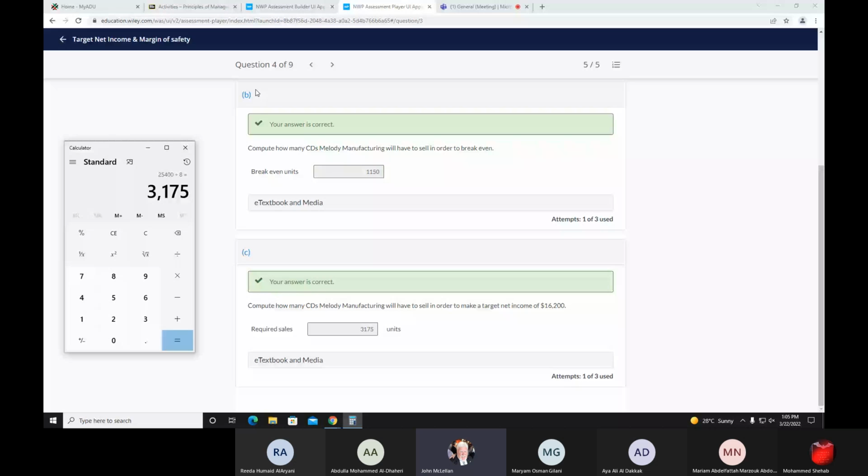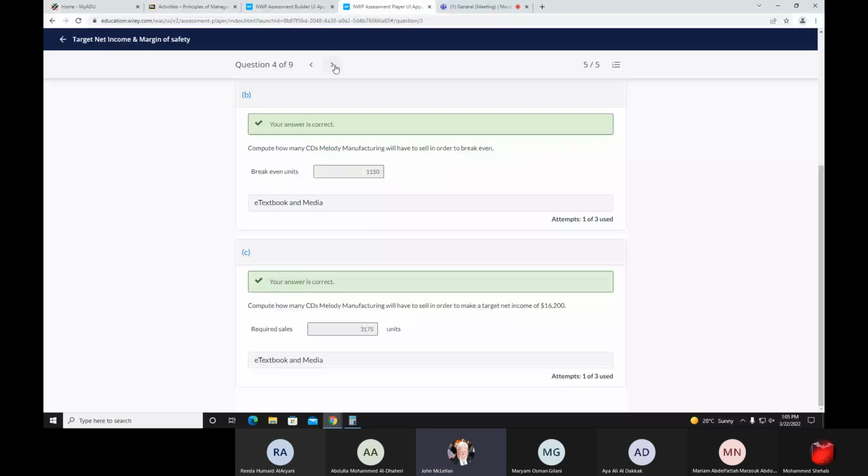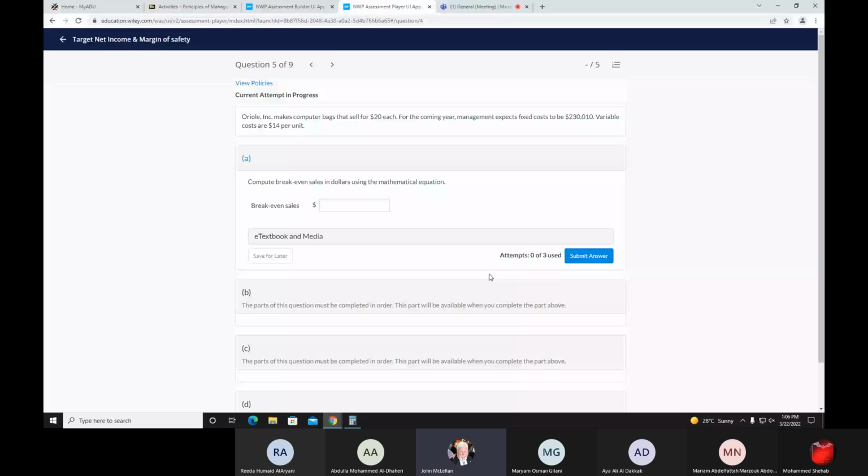Okay. All right. Now, the next one is break even. What's the formula for break even? It should be in your memory. Okay, yours is 20 and your variable cost ratio is 60.